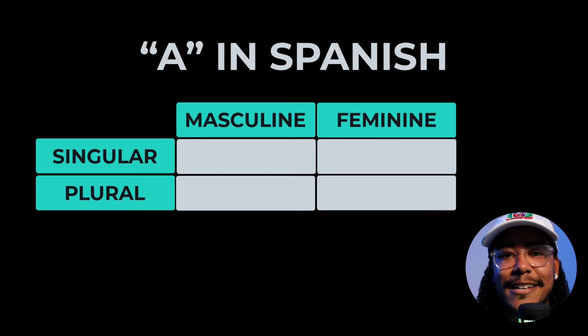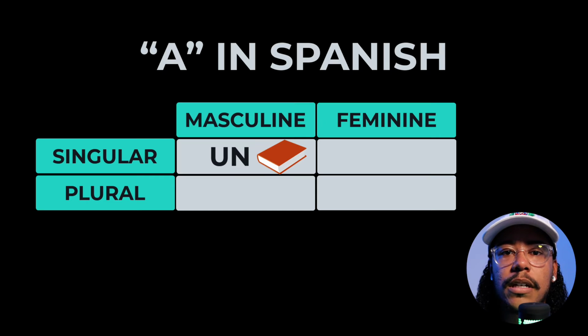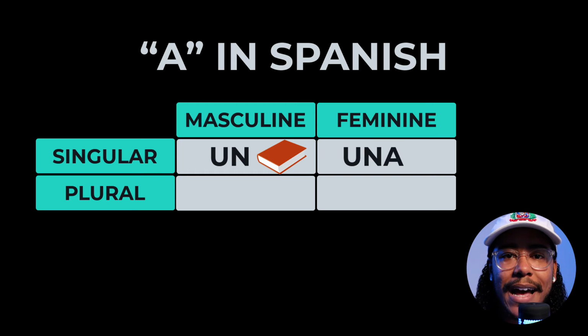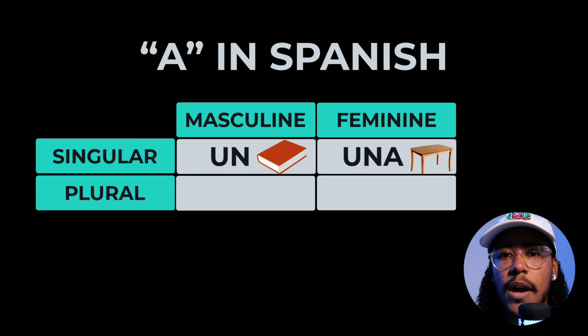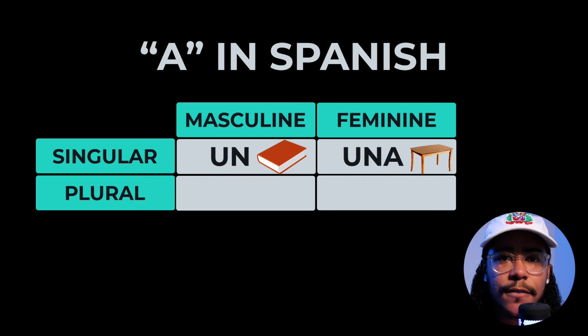To say a in Spanish is much easier, so you're welcome. That's why we led with the. For masculine nouns, you'll use un libro. For feminine nouns, you'll just add an a, una mesa. So a works a little bit different in Spanish than it does in English. In English, we could never use a or an if there's more than one of whatever we're talking about.